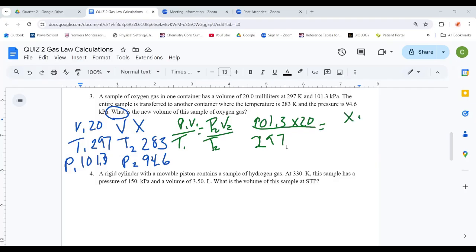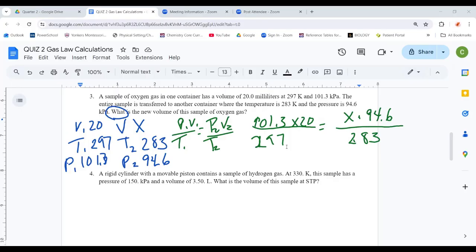x is my volume times my new pressure, which is 94.6, which is a little lower, and my new temperature 283, which is slightly higher. So this might all even out. When you have a change like this where you can't tell what's happening with the volume or the temperature or the pressure, if the variables are too many or changing at once, it will be harder for you to predict if it's going to go up or down, and then it's a little harder to check your answer.